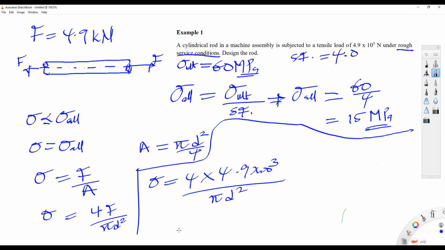If you calculate this, what do you get? In terms of d, you are going to get some value over d square.